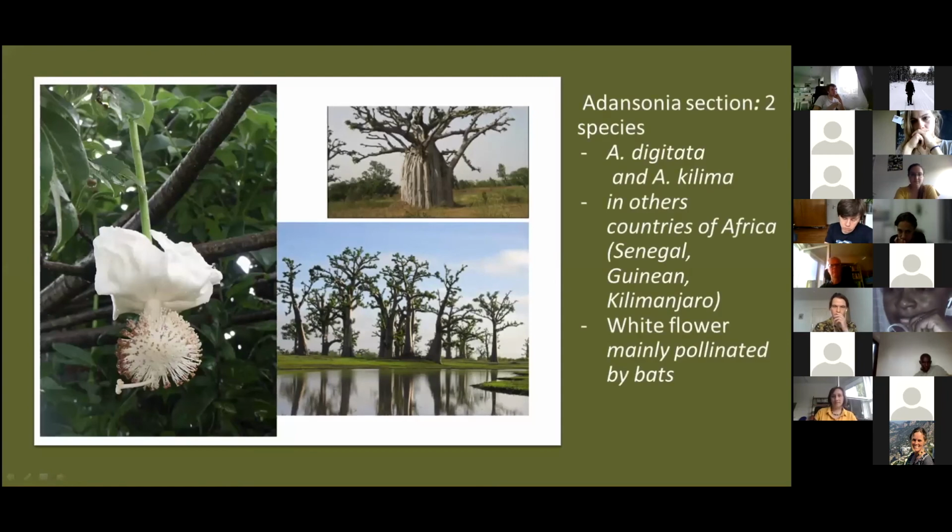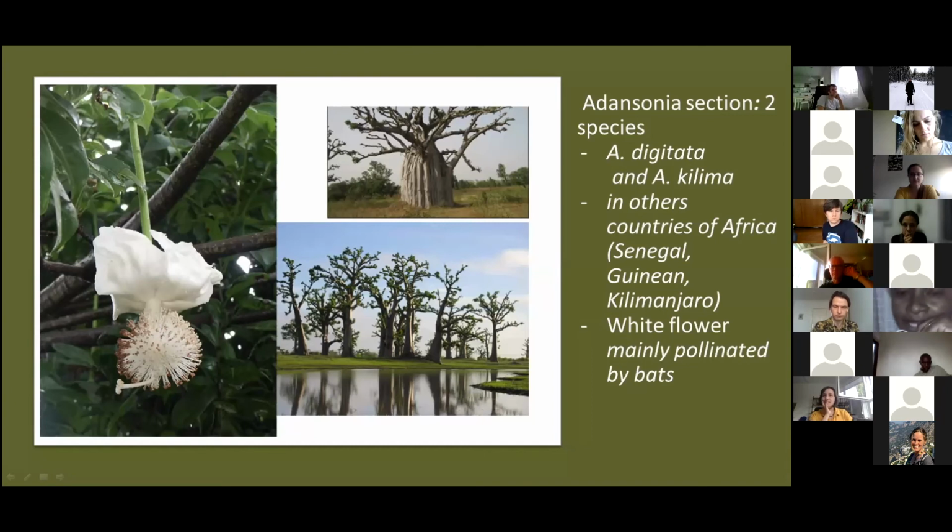So Adansonia section has 2 species, Adansonia digitata and Adansonia kilima. And Adansonia kilima is located around Kilimanjaro. And Adansonia digitata can be found in other countries of Africa, like Senegal, Guinea, and others.